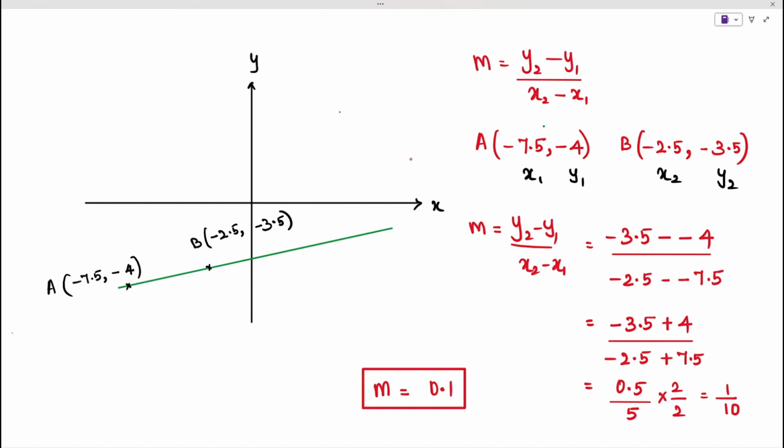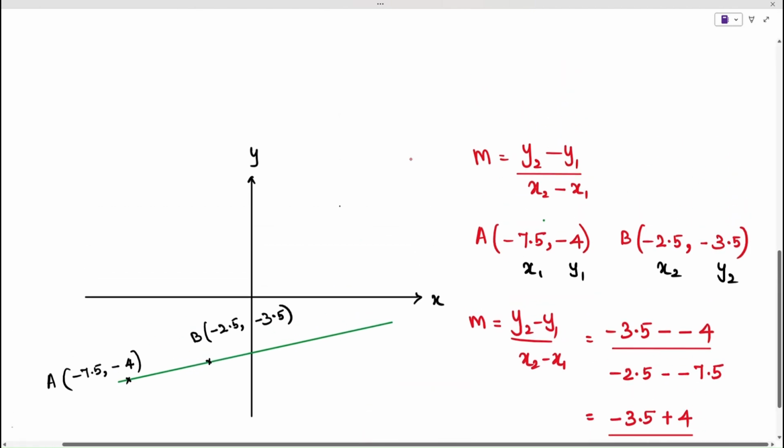Now, for both of these questions, you always want to sense check your answer. Moving from left to right, so from the negative x-coordinates to the positive x-axis, if the line seems to go up, then your gradient is positive, and if it goes down, your gradient is negative.